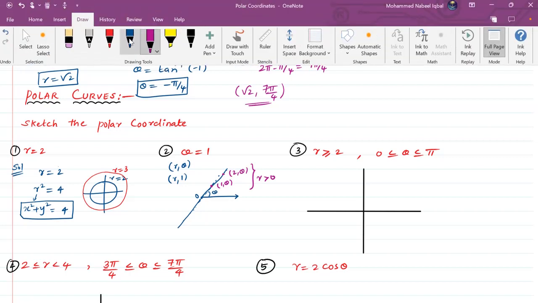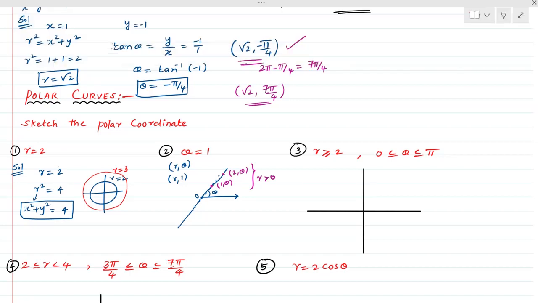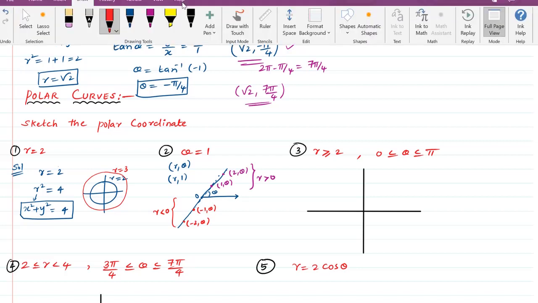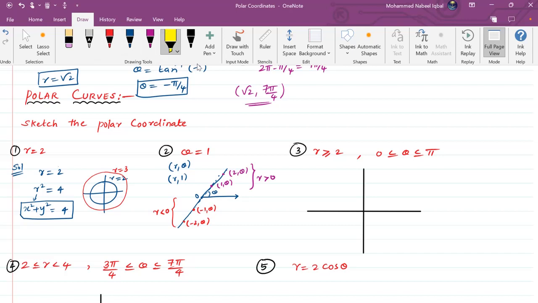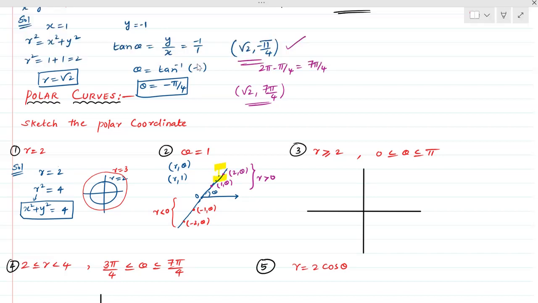If you see the down side, here it is minus 1 comma theta, and here minus 2 comma theta, where r is less than 0. So it is a diagonal line passing through quadrant 1 and quadrant 3.